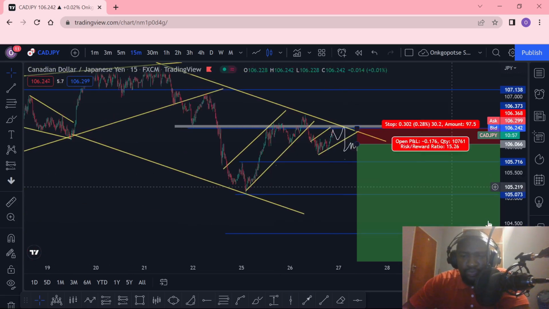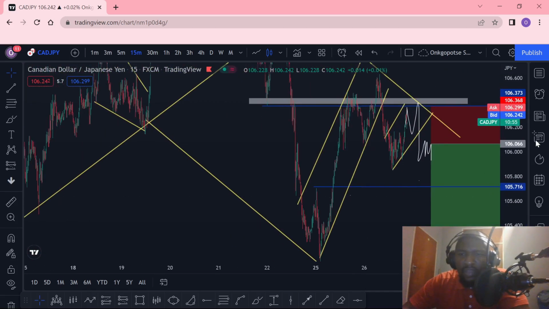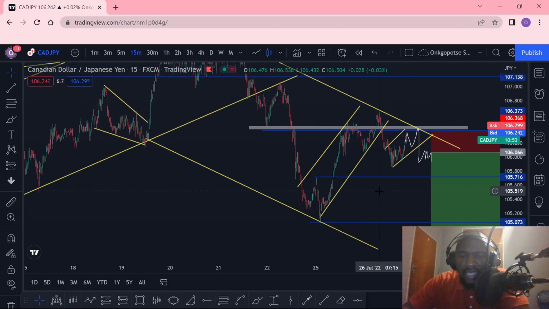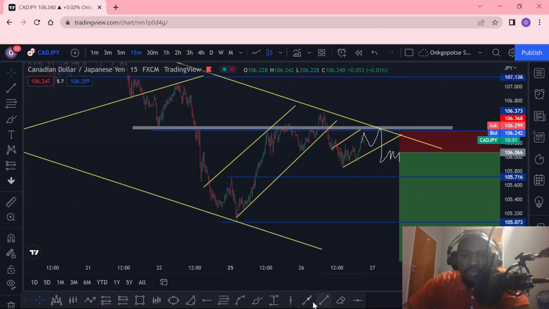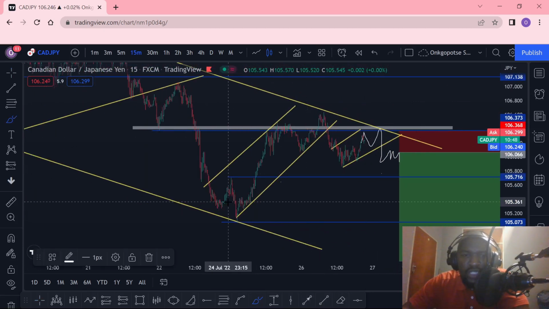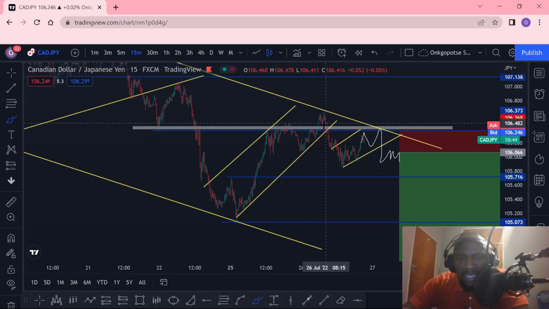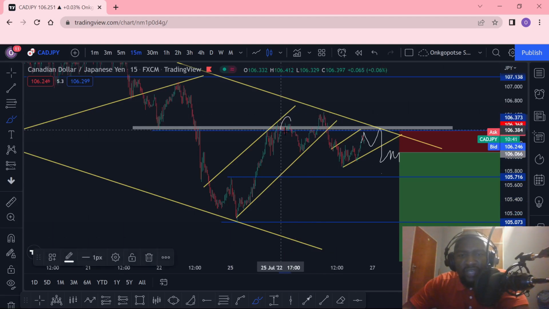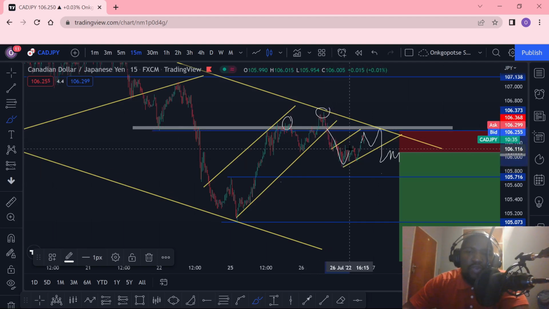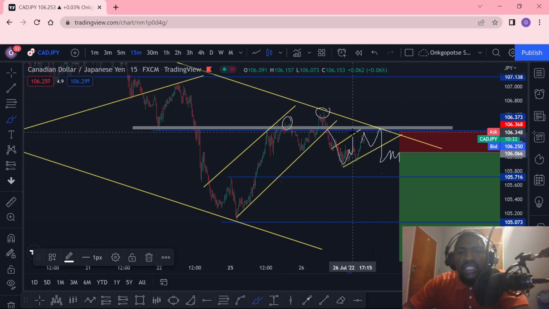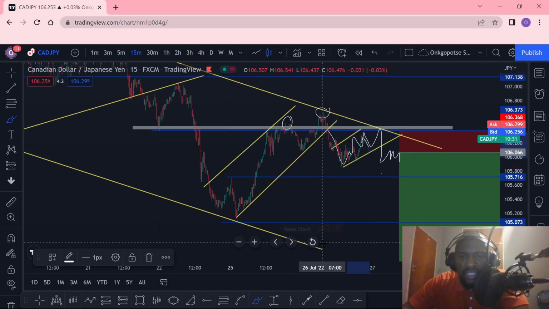From this particular moment the KJPY has already broken out of the uptrending structure that occurred on Monday. Price has given us this high and this head right there. Since price has broken out of the structure, we are anticipating a bit of correction to the upside and a break of structure to the downside.